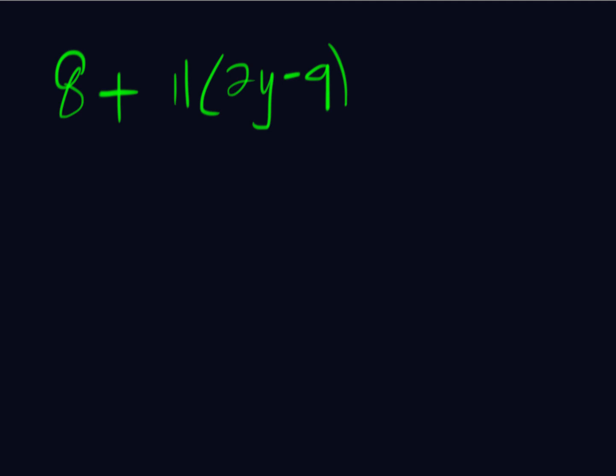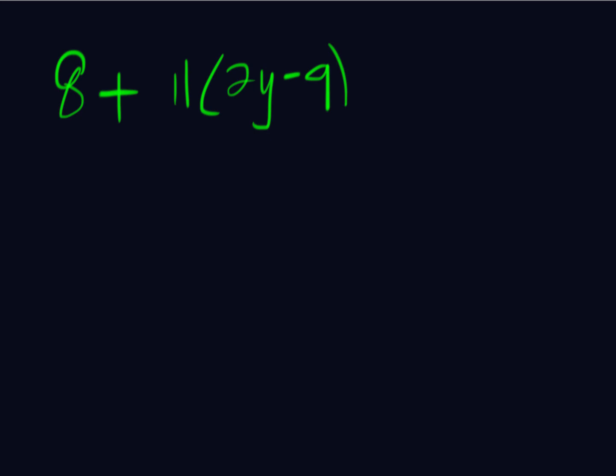So in this example, we have 8 plus 11 times 2y minus 9. Remember, I always like to just take the time and read it to myself before I start jumping to conclusions. 8 plus 11 times 2y minus 9.